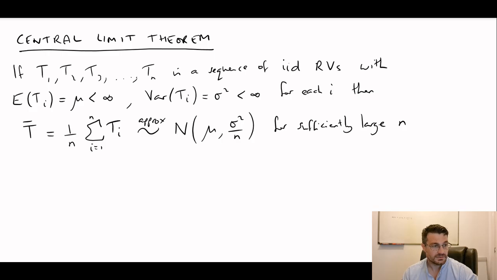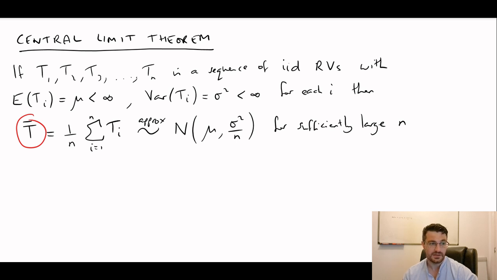The sample mean T bar, which is 1 over n, the sum of the Ti's, is approximately normally distributed with mean mu. What's mu? It's the expectation of the Ti's. And variance sigma squared over n. Well, sigma squared is the variance of each of the Ti's.